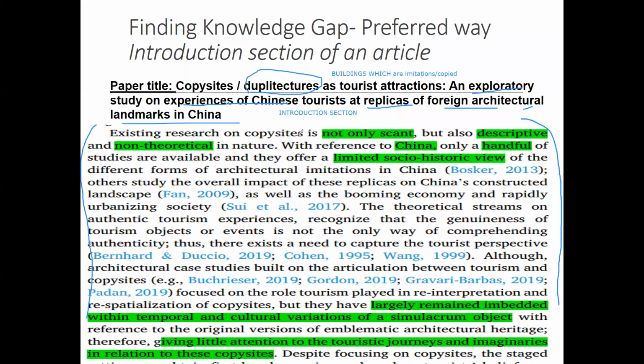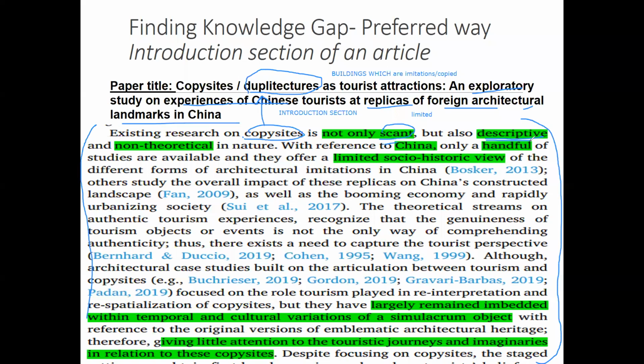Existing research on copy sites is not only scant. Scant means very less, very limited. The existing research on this topic is very limited, and it is also descriptive. Descriptive means that the study is not theoretically founded. The study is very simple.